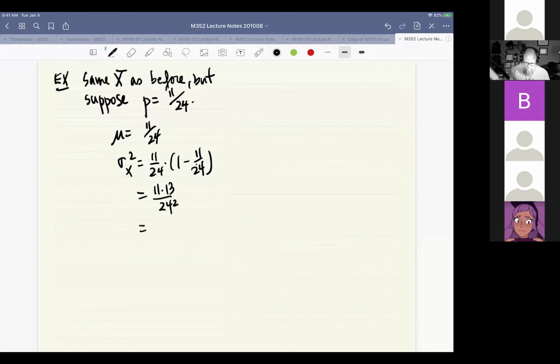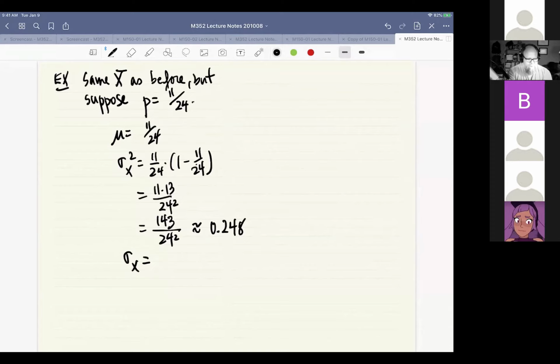Okay, so what is that? 143 over 24 squared. Let me get a calculator. 143 divided by 24 squared is about 0.248, which is about what the variance was for our fair example.